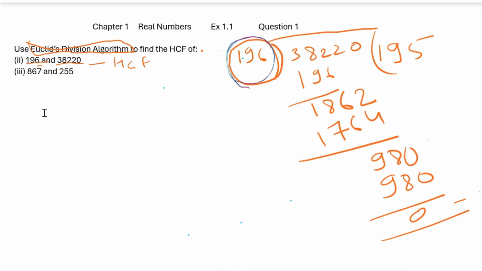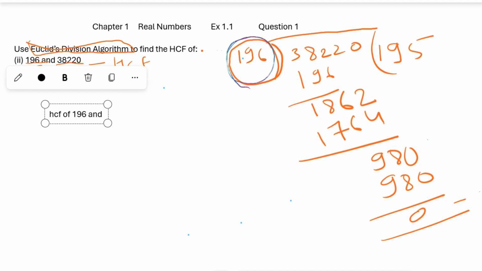So we can conclude here, HCF of 196 and 38220 is 196. Okay, so this is the answer.